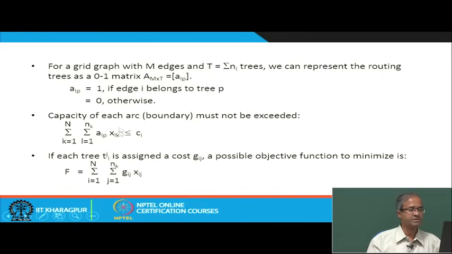You see that the total capacity of the link I should not be crossed, and if to each tree T I you assign a cost G I j, then the objective function may be to minimize the sum of the weighted cost for all the trees. So, this will be our overall integer programming formulation.